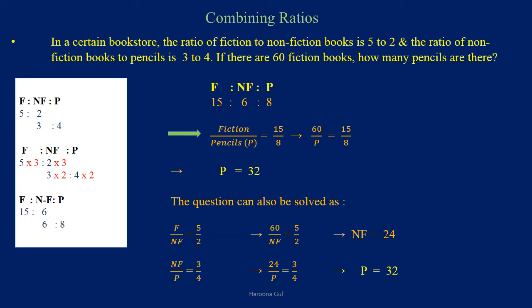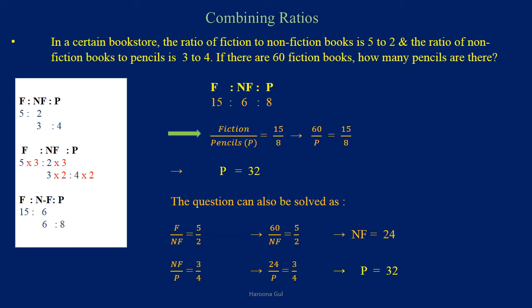Now this question can also be solved as fiction over non-fiction is equal to 5/2. That is the ratio of fiction to non-fiction books. Then 60 over non-fiction is equal to 5/2. If we cross multiply it, we're going to get the number of non-fiction books, that is 24.